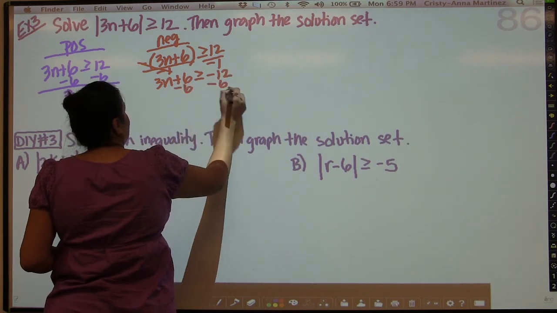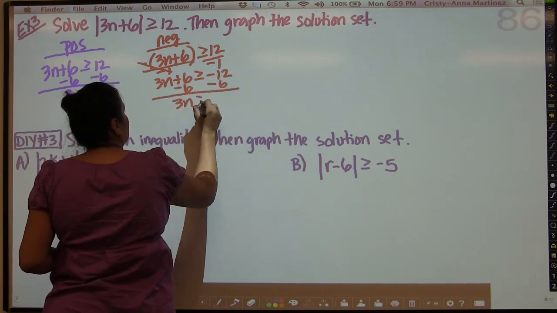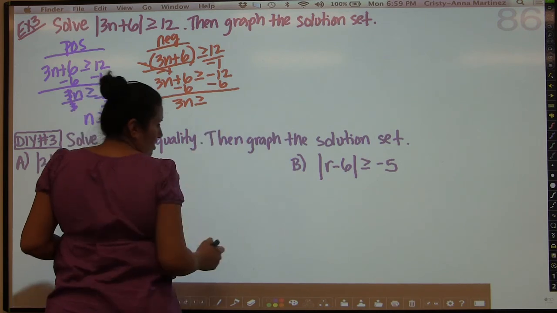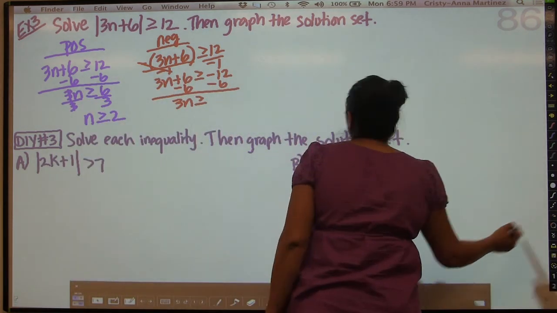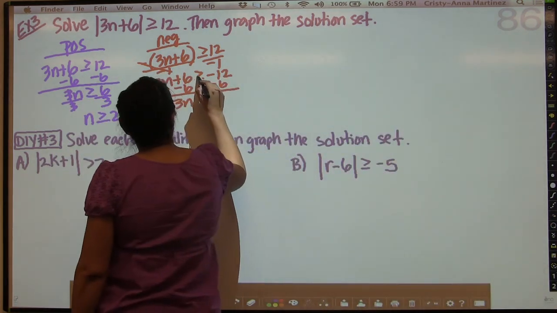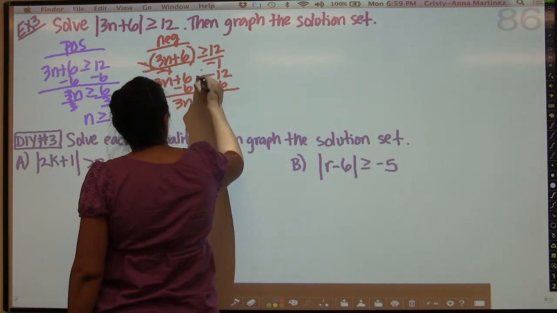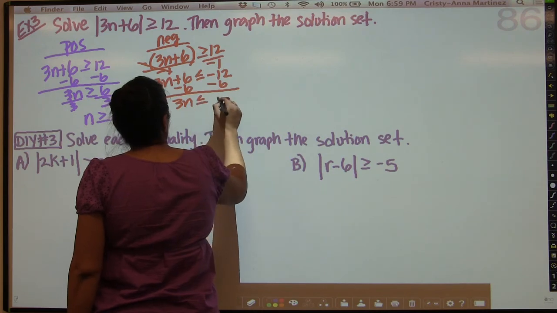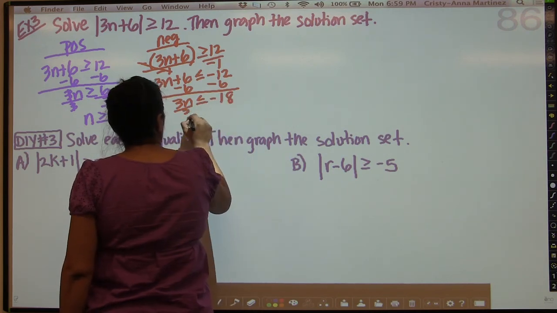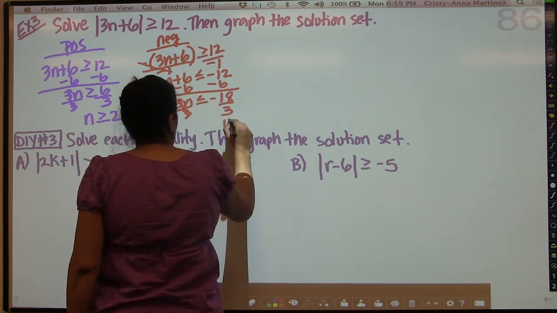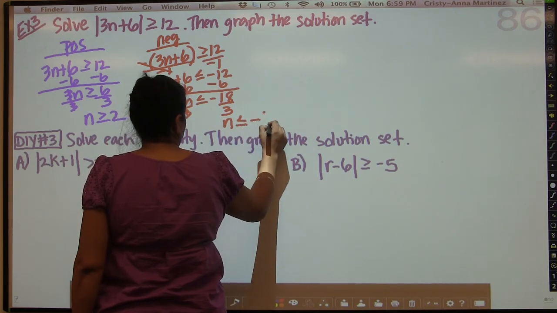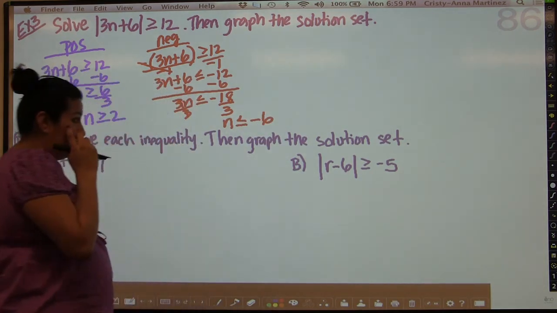When I subtract 6 from both sides, I get, sorry, I forgot to flip my symbol. When I divide by negative 1, this symbol should have changed to a less than, and negative 18. Divide by 3, and n is less than or equal to negative 6 because 3 goes into 18 6 times.